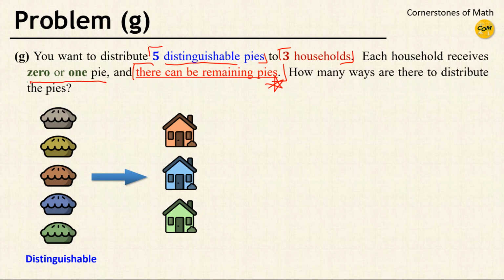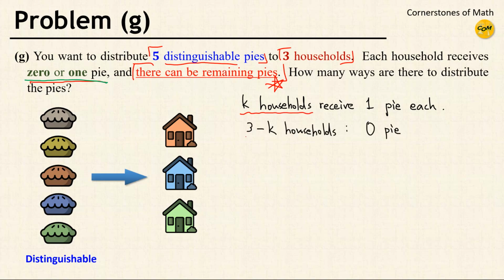The key to solve this rather complicated problem is that each household receives 0 or 1 pie. So let's suppose that k households receive 1 pie each. Then 3 minus k households receive no pies. Here k can have values of 0, 1, 2, and 3.